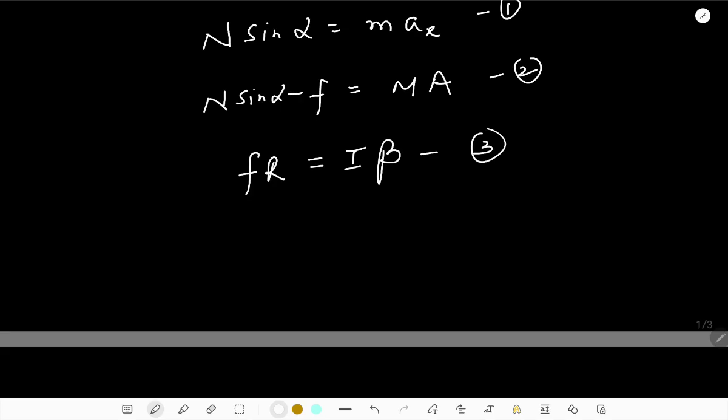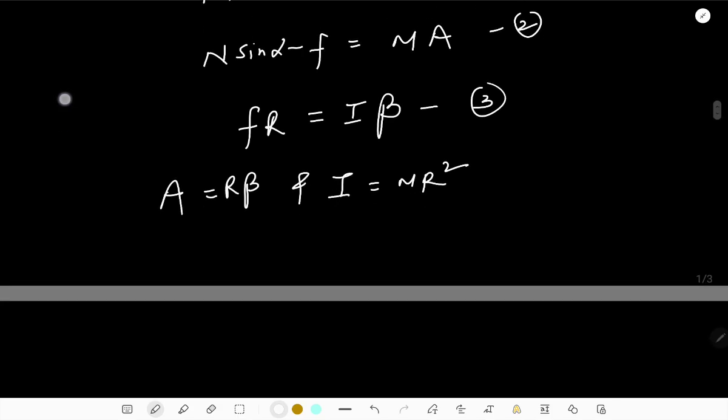There are other useful equations, like since the cylinder is purely rolling without slipping, I can write the acceleration of the center of the cylinder simply as A equals r beta, where beta is the angular acceleration of the cylinder, and I can also write I equals mr square, since it is a hollow cylinder.